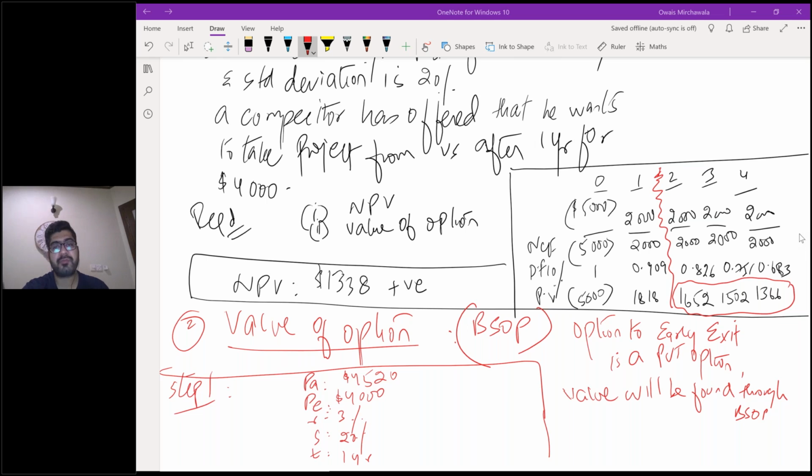If you sell the project to him after 1 year, the other 3 years cash flows would be lost. That's the present value of opportunity cost.